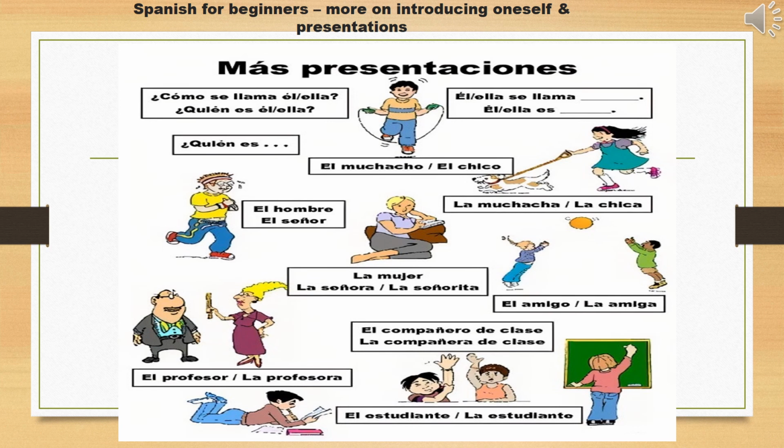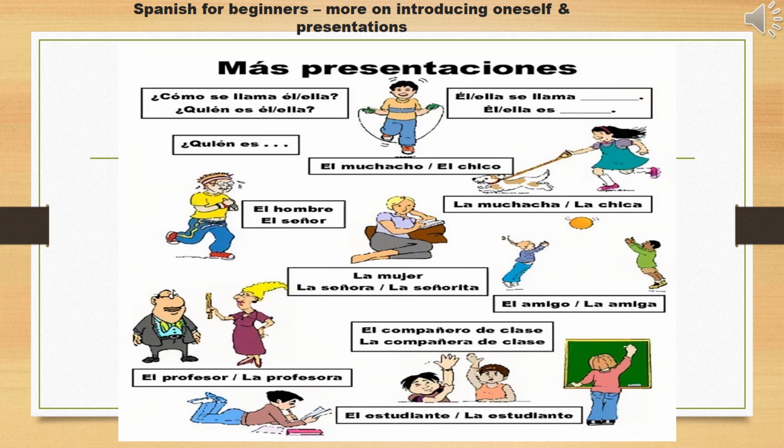Él es Juan. Or ella es Aurelia. We saw the name Aurelia. Ella es Aurelia. Quién es? You can use that to even present people. Then you say él es, ella es. Él es Juan. Ella es María.